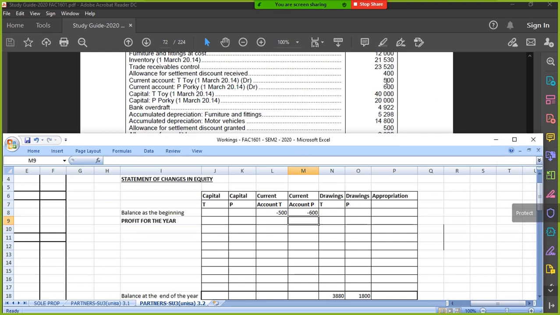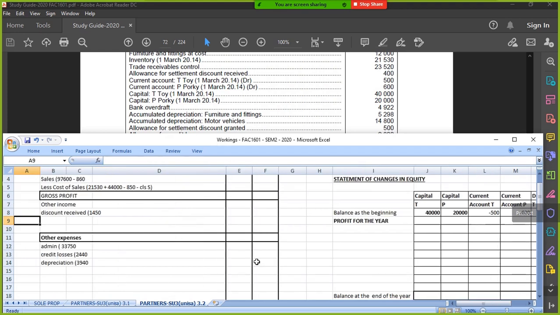Okay, what else do we have? Capital. Toy, capital. Okay, this is at the beginning. Look at the date. Very careful. Yes. Be careful. Look at the date. So it's beginning, 20. Okay, what else? Let's see. Bank overdraft. Okay, scroll across.